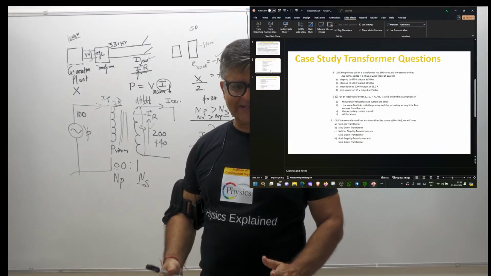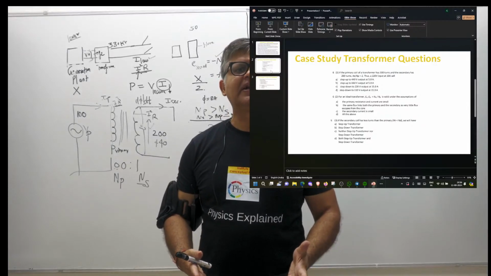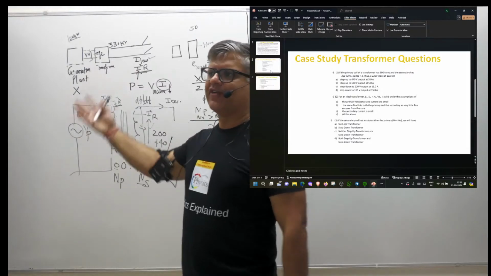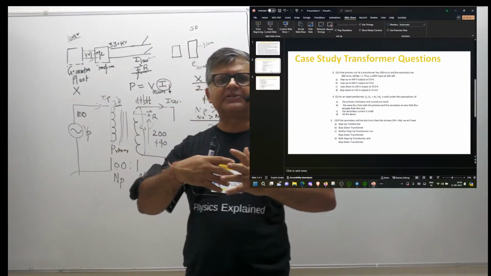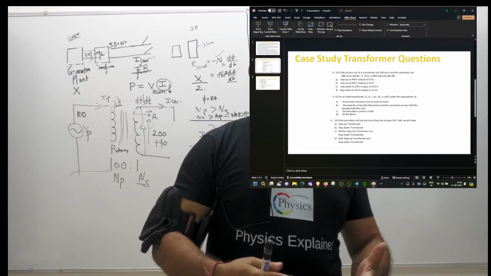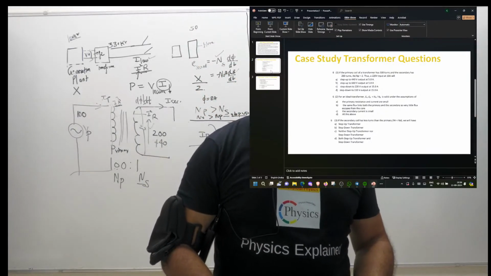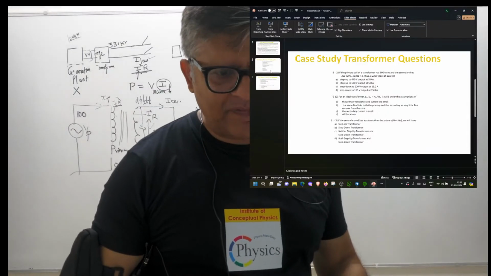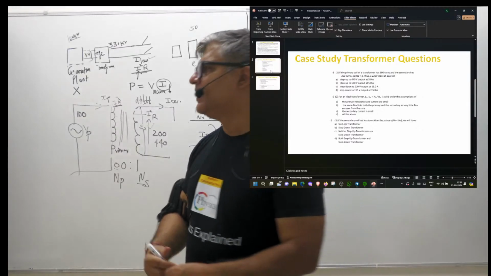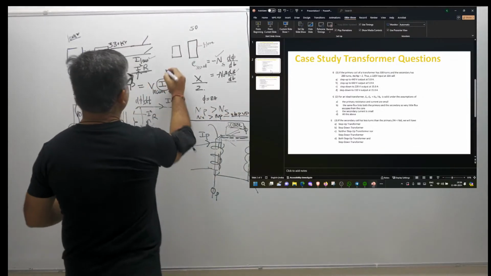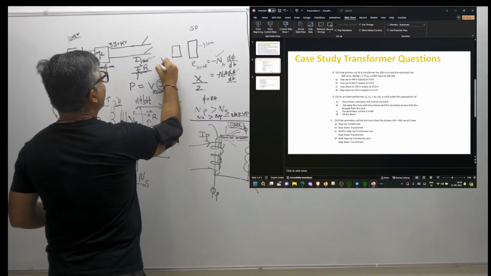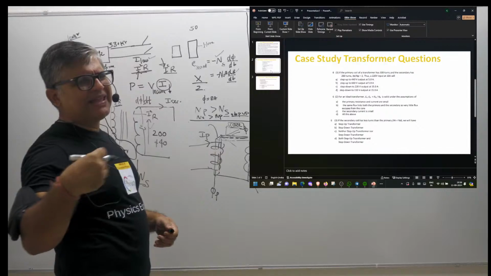You can't decide what current you will give to the transformer. It depends on the power, right? Different transformers may use different currents. So there is no mandate that you must always have a small current. If the indication is that small current will result in I square R being low because I is very small, probably, but that is not the main reason.